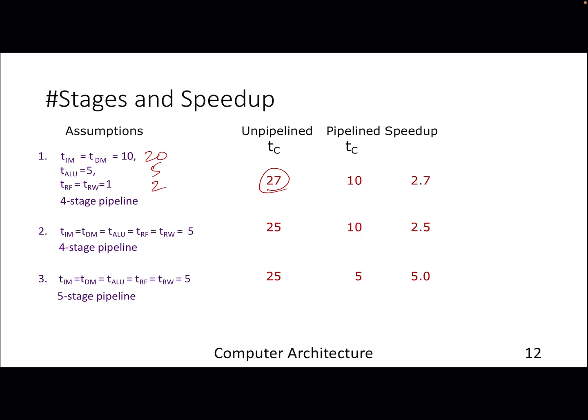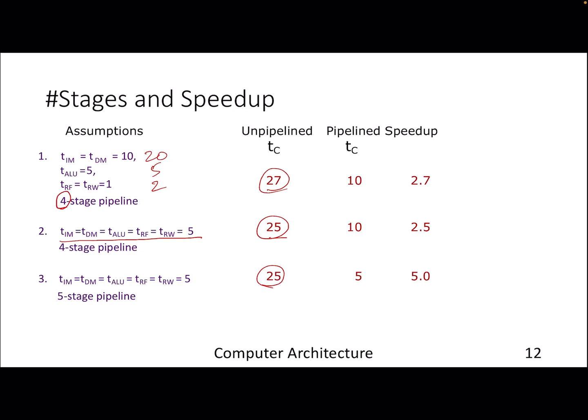27 units of time. And if you break it so that all the data paths take 5 units, it will become 25, and same here, right? Now, if I go for a pipeline design and I design a 4-stage pipeline, that means I'm coming up with a data path that is spread across 4 stages.